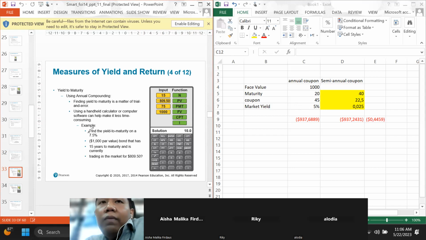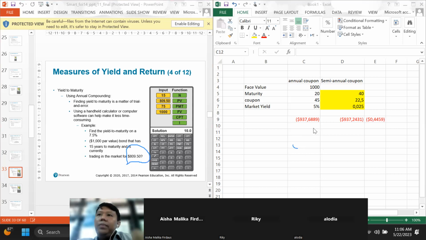Let's try to look for an example. For example, we find the yield to maturity on a 7.5% coupon bond, meaning that this bond is giving you a coupon of 7.5%, with a par value of 1,000 and 15 years to maturity, and is currently trading in the market at 809.50.